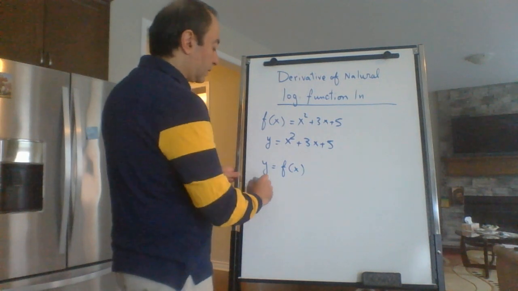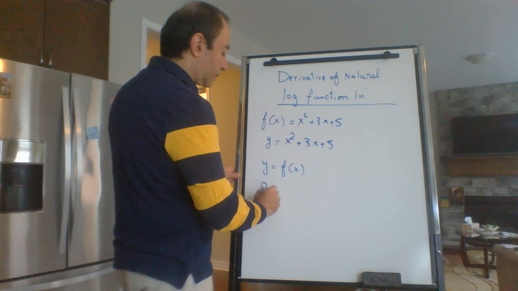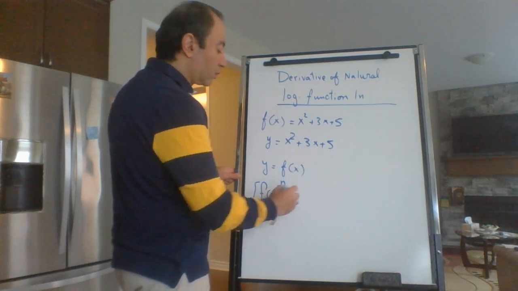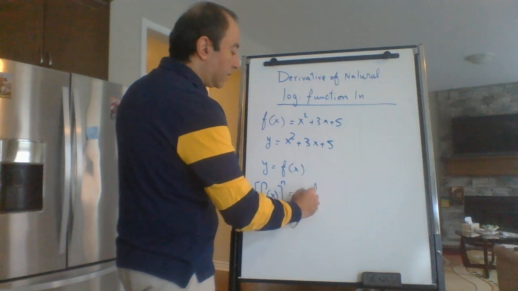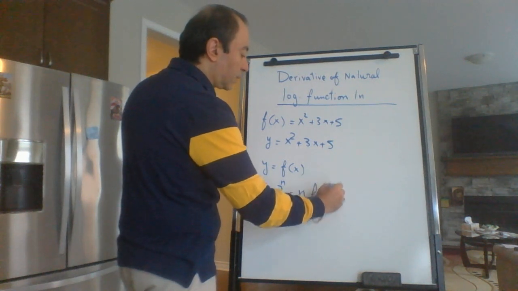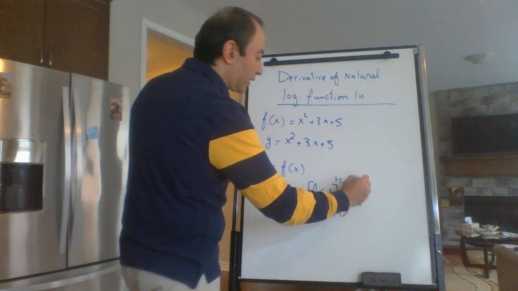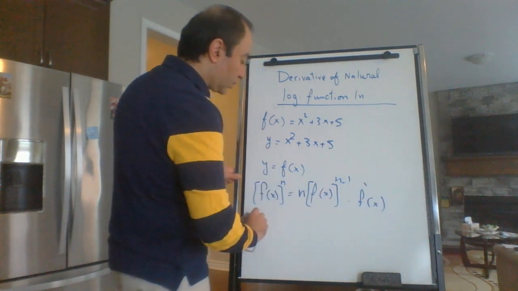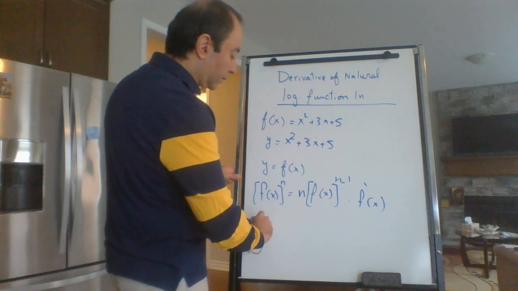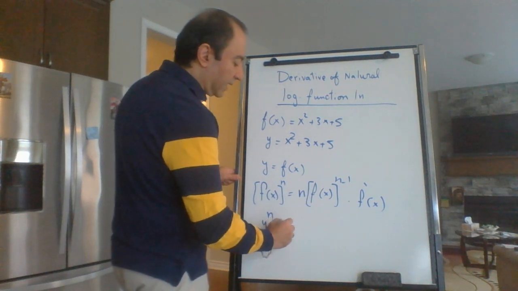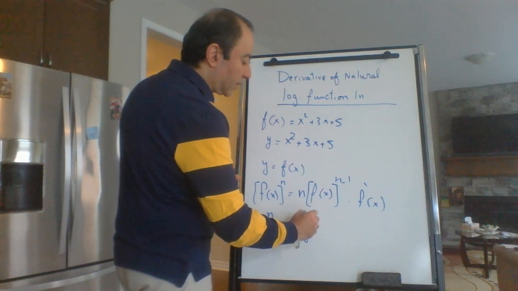So when we find the derivative of f of x to the power of n, we use the chain rule, which is n times f of x to the power of n minus 1 times f prime of x. Same thing when we find the derivative of y to the power of n: it will be n times y to the power of n minus 1.